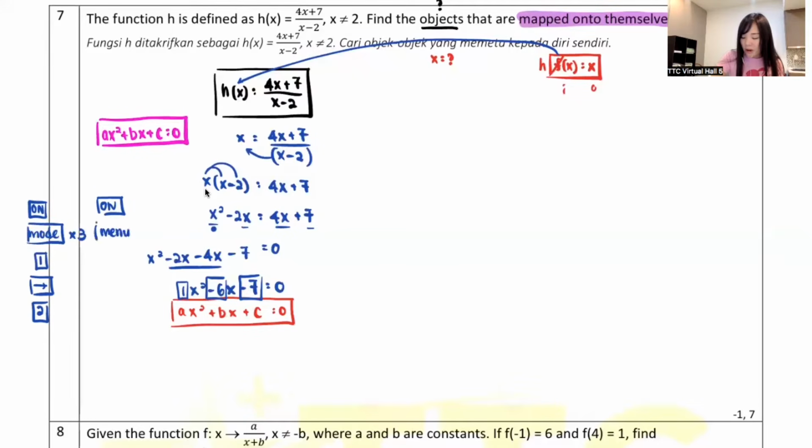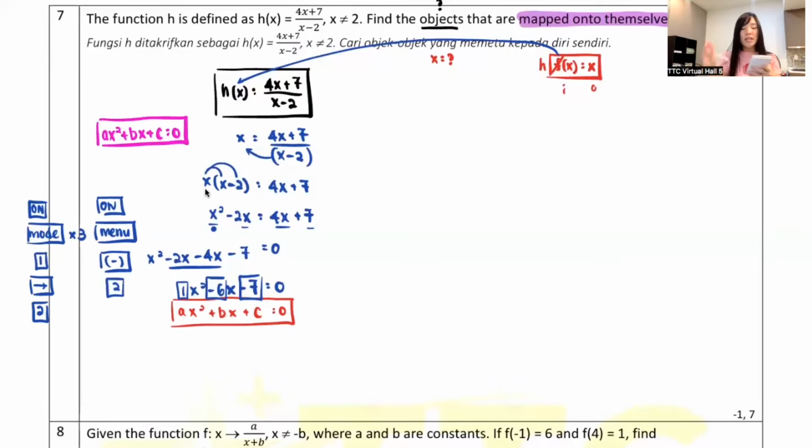Menu is beside on. Then you press a button that looks like a dash. This dash button is at the bottom of the fraction button. Okay, so menu, dash, and then you press 2.